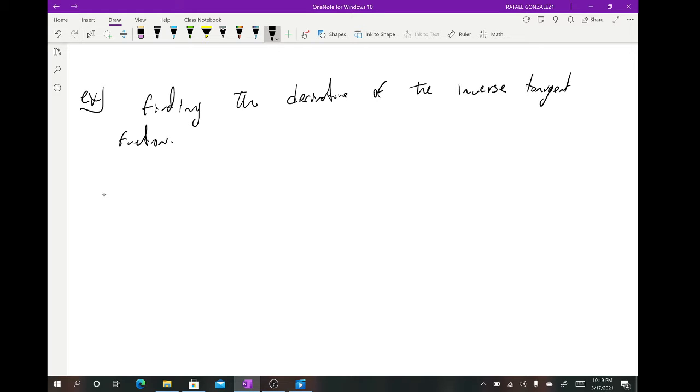Well, first of all, since we're dealing with tangent, let's simply let f of x be equal to tangent of x. And remember that we define tangent of x to be trapped between the interval negative pi over 2 to pi over 2. We do this because if you remember, the graph of tangent has a bunch of vertical asymptotes.